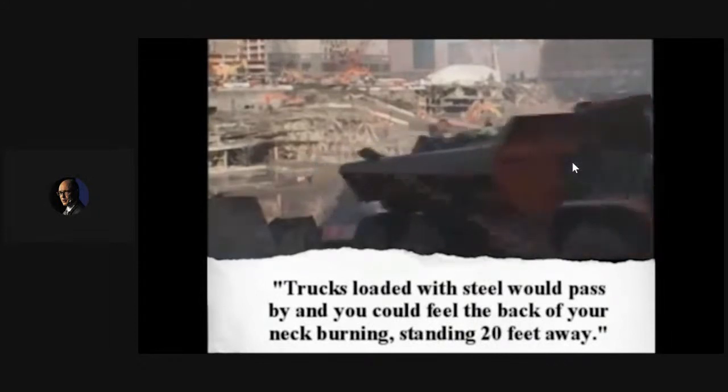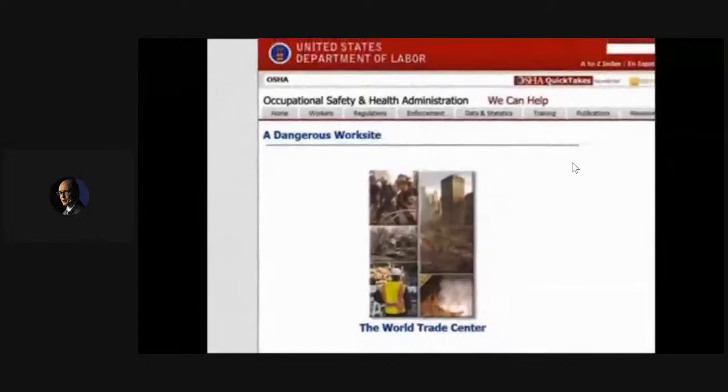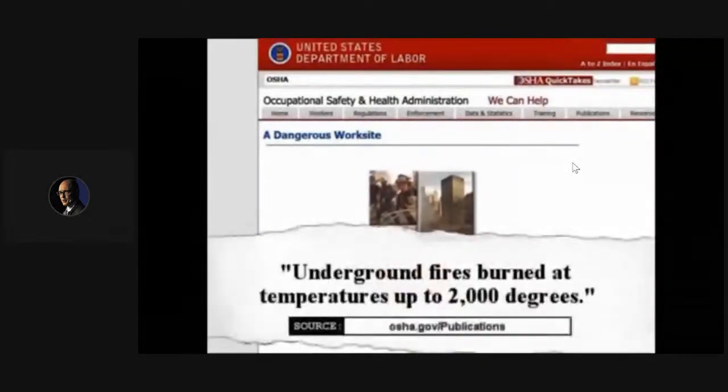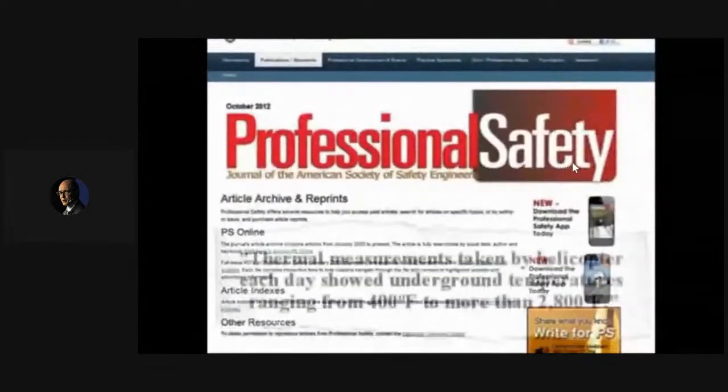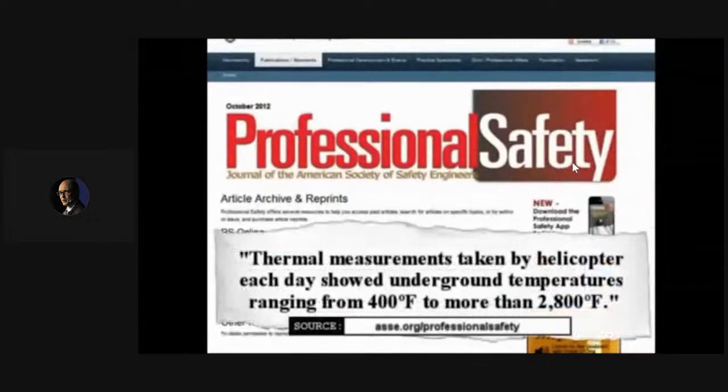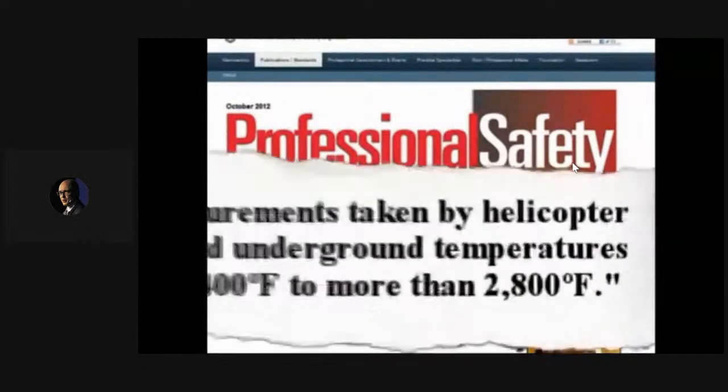In an article called A Dangerous Worksite, the U.S. Department of Labor wrote, underground fires burned at temperatures of 2,000 degrees Fahrenheit. This was confirmed by Mayor Giuliani. There were fires of 2,000 degrees Fahrenheit below the ground. The Journal of the American Society of Safety Engineers wrote, thermal measurements taken by helicopter each day showed underground temperatures ranging from 400 to more than 2,800 degrees Fahrenheit.